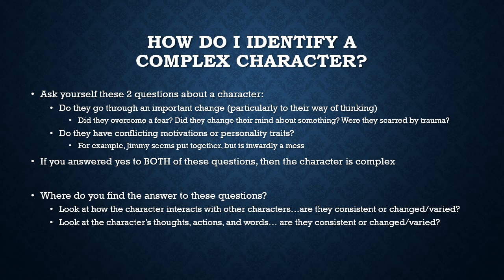You could also look at the character's thoughts and actions and words, and are these consistent, or is there a change, or is there variation in those? You can look at pretty much anywhere that the character is, or that they're thinking, or making decisions, or interacting with other characters, and answer those questions there to see if they're complex and what makes them complex.